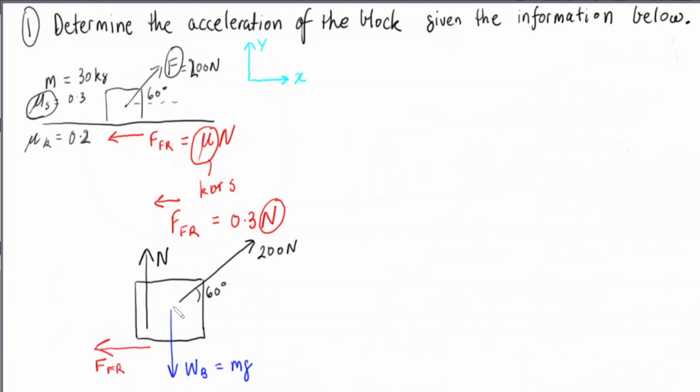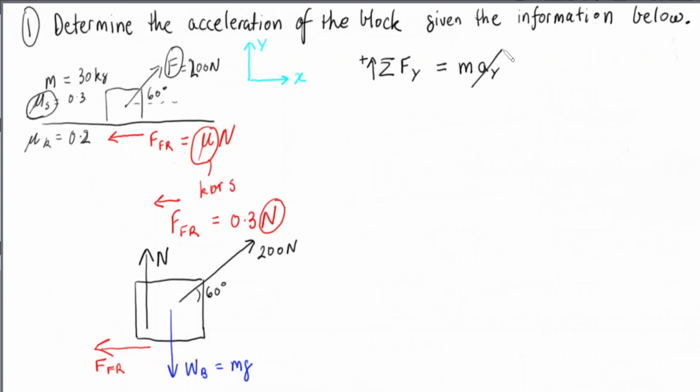If we look at the forces in the y direction, we know that the block's not actually moving or accelerating in that direction. So the sum of all the forces in the y direction, where up is positive, is equal to mass times the acceleration in the y direction.